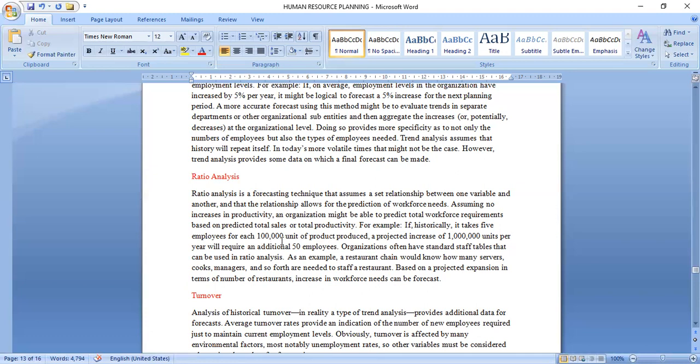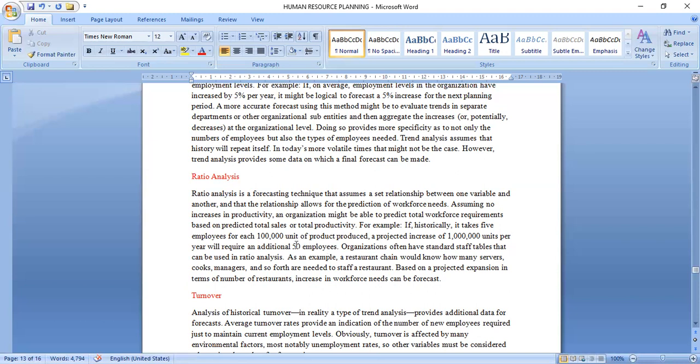Taking a ratio of that, it means that when the productivity increases to, for example, 1 million, it will require the organization to increase the number of employees to 50. Are we together?